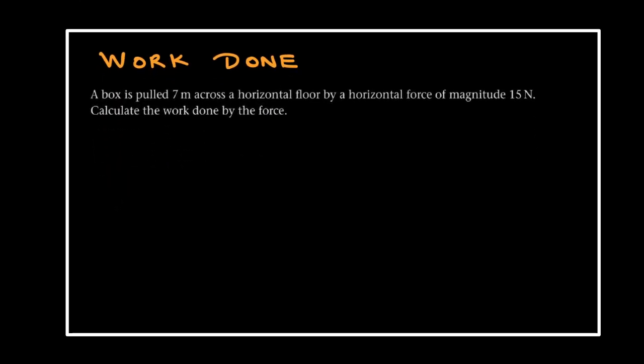In this particular question, the question says a box is pulled 7 meters across a horizontal floor by a horizontal force of magnitude 15 Newton. Calculate the work done by the force. So now in this question, let's draw a horizontal floor, and there is a box over here, and this box moves 7 meters to this particular point, and the force that moves this box is a horizontal force of magnitude 15 Newton.